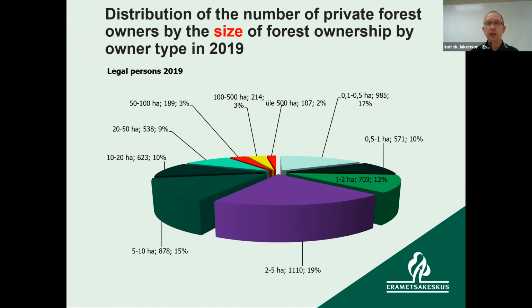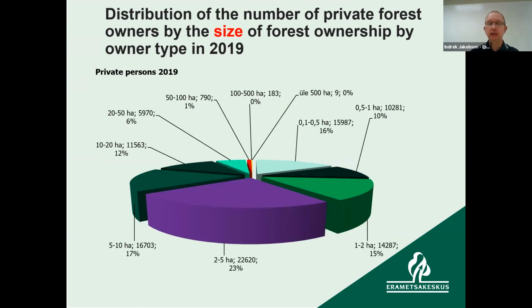So what does it show? It shows that forest land is divided into very, very small parts. And if we look at this in detail, it's talking about private persons, not companies. And here we see that nearly a quarter of Estonian forest ownership by size belongs to the 2 to 5 hectare group.